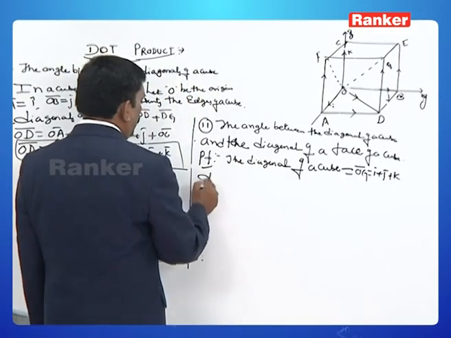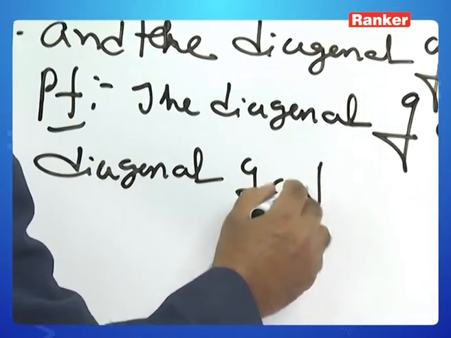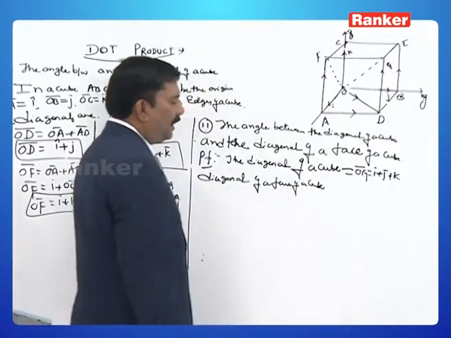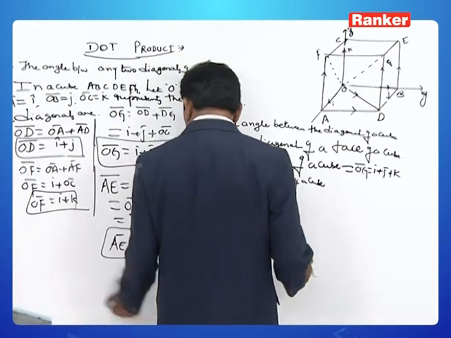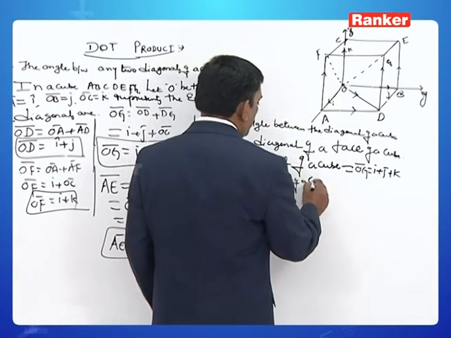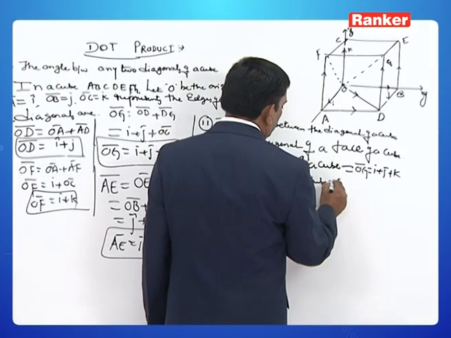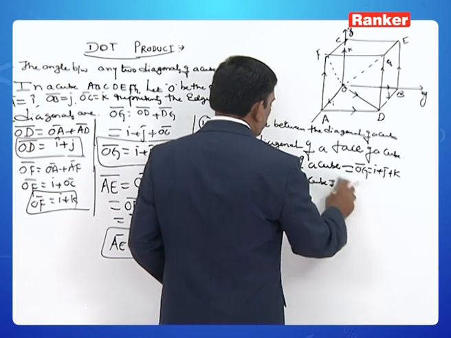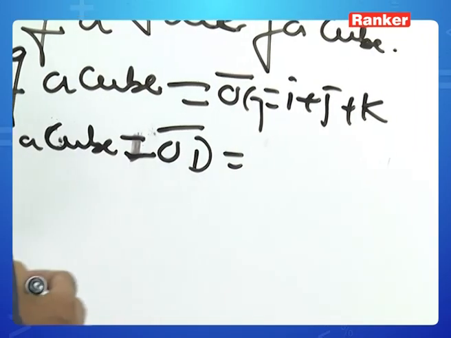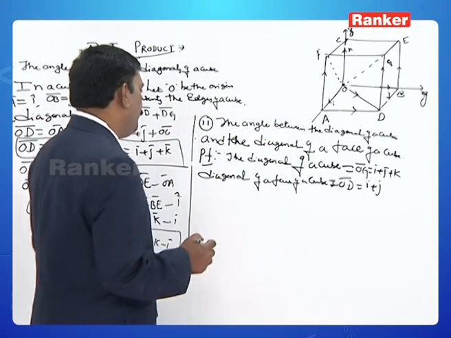Next, the diagonal of a face of a cube is equal to OD bar. OD bar is nothing but you have here I plus j.